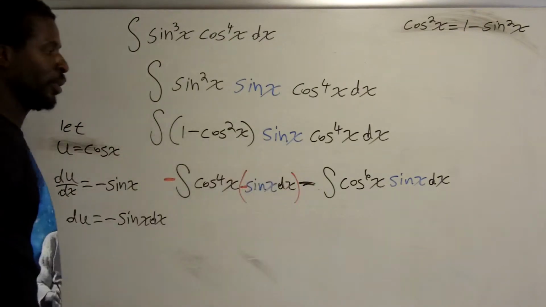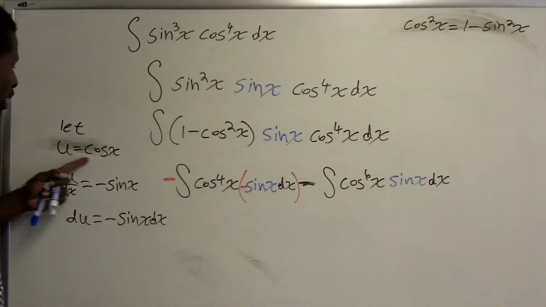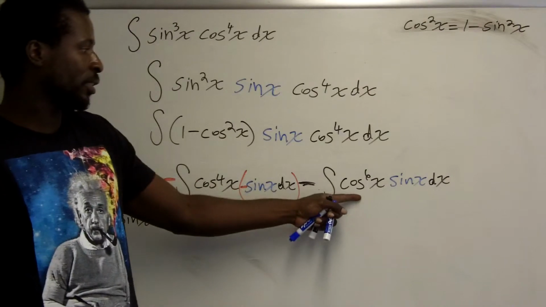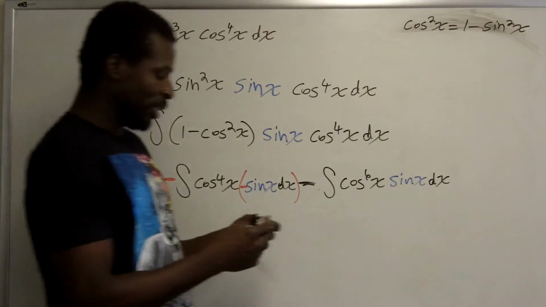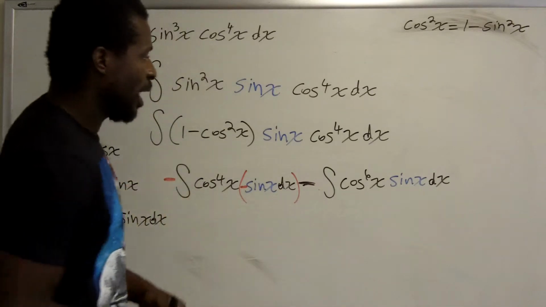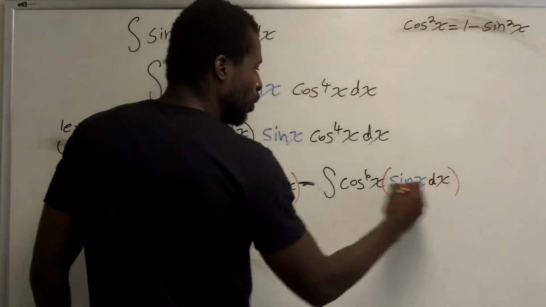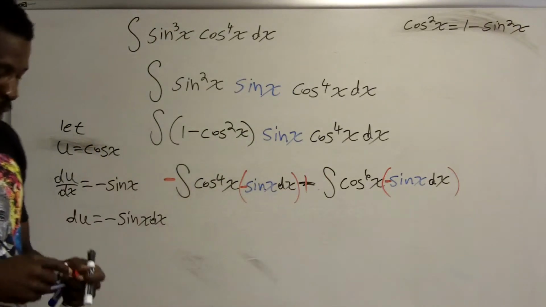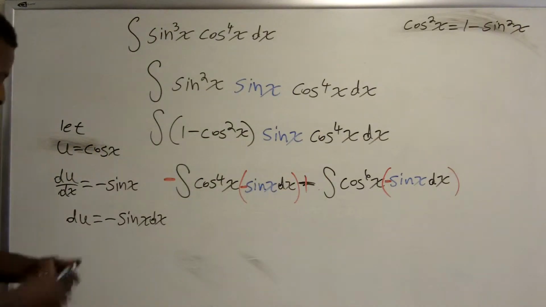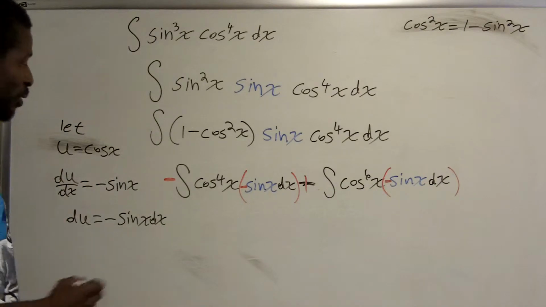The second integral, once again, it's the same thing. If you let u equal the cosine of x, then du is equal to negative sine x dx, which means I can modify that. I need the negative, so I'm going to put the negative in as long as I put a negative in the front, which changes this sign to a plus. So now this is what I'm integrating. I'm going to do the u substitution now.